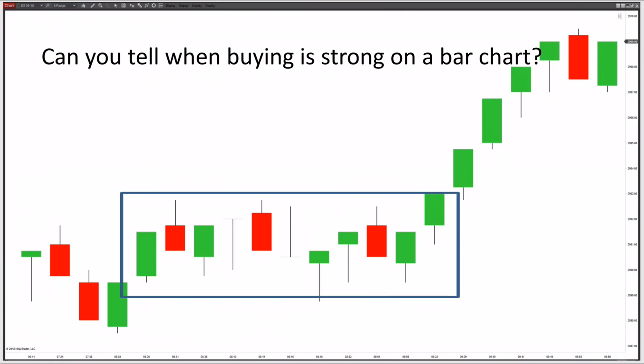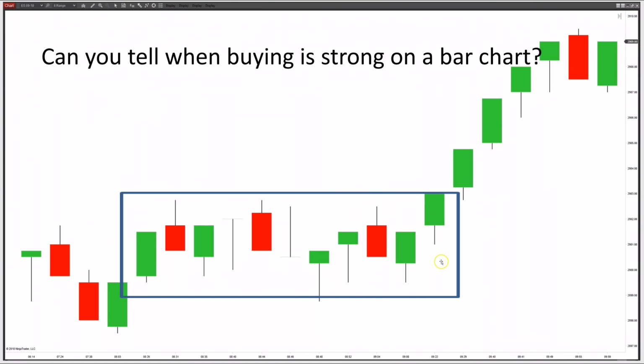So, if you're looking at a normal bar chart, how can you tell when buying is stronger? You can't, right? Some people will say, well, I look at candlesticks and I can see the wick here and the wick up here, so prices are being rejected there and there. Well, that's all well and good, but oftentimes markets trade in ranges. So you're telling me prices up here are being rejected, prices down here are being rejected, so we'll just go sideways forever?